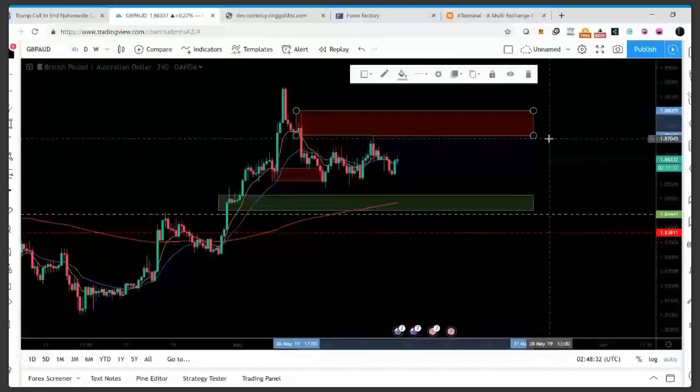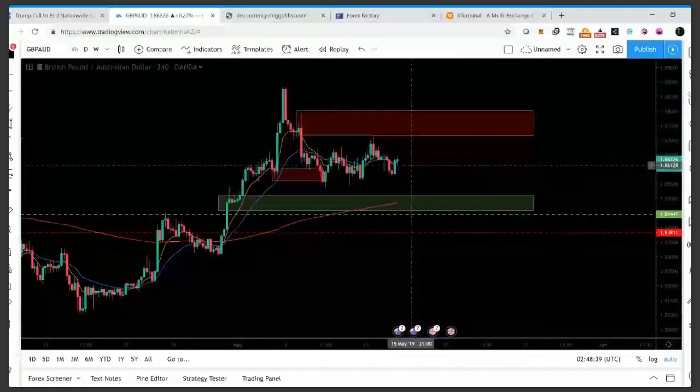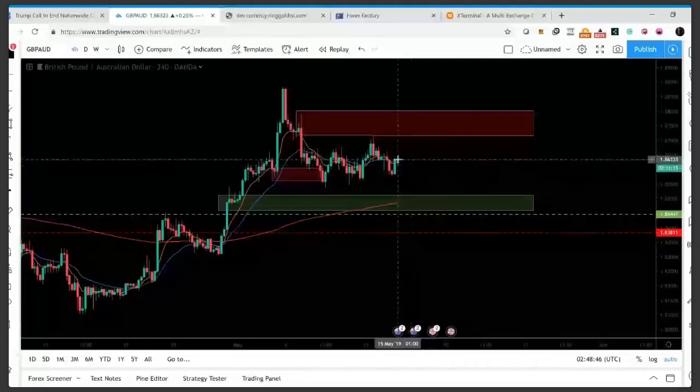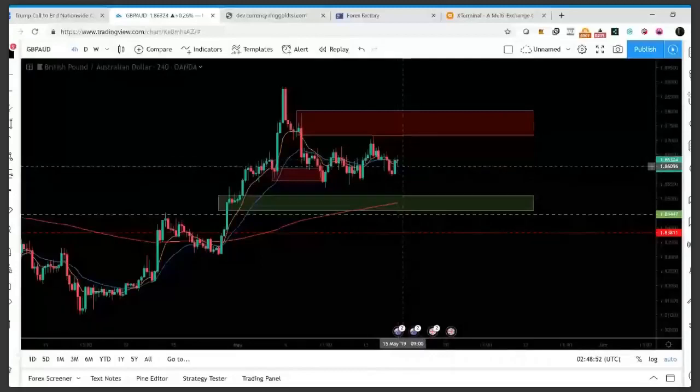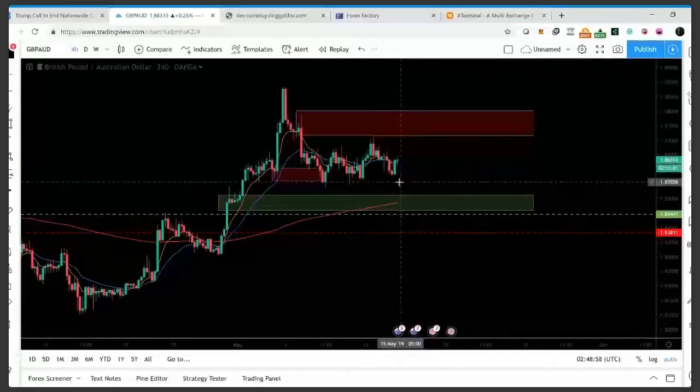With current price being at 186.33, if I want to short with a sell limit, I've got to enter above current price. If I want to short with a sell stop, I have to place my entry below current price. If I want to get in and go long with a long entry down here, I've got to place a buy limit. If I want to get in above current price, I'd have to place a buy stop.